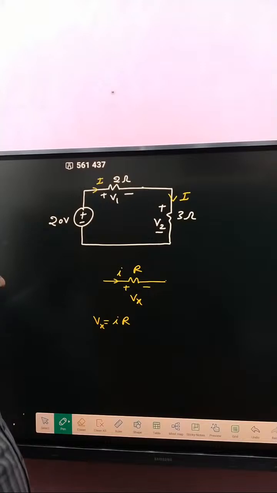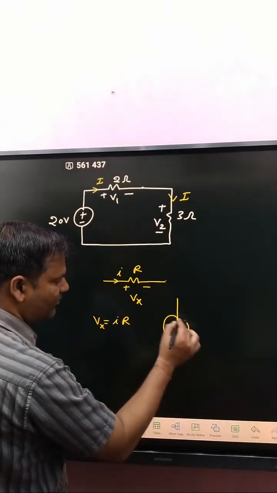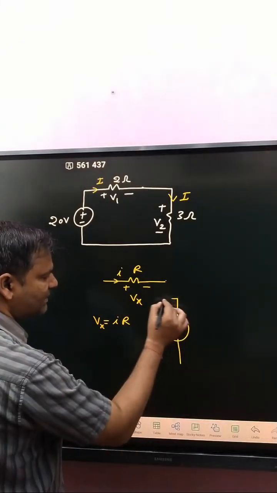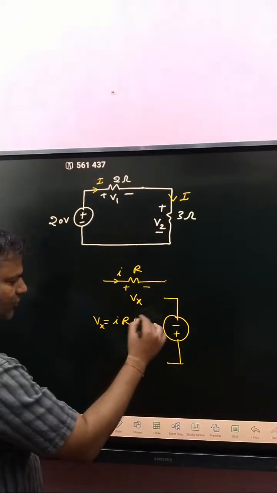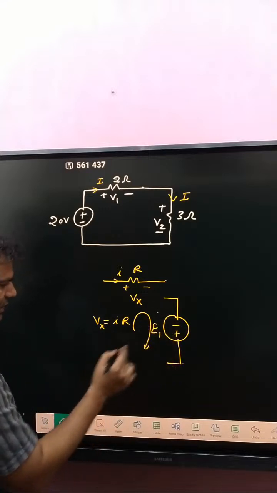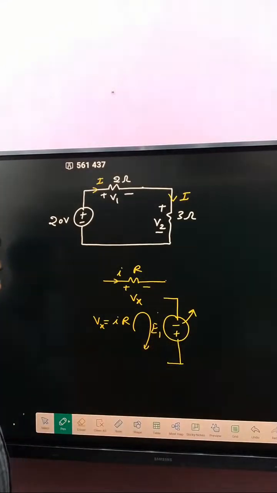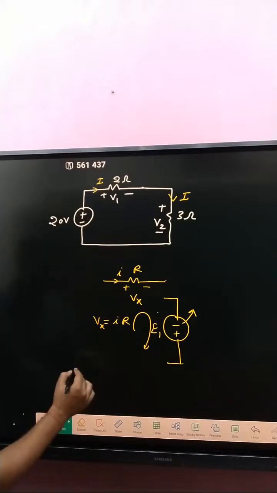If suppose plus minus or minus plus is given here, going from here to here, minus to plus, then which sign comes first? Minus, so it is written minus.